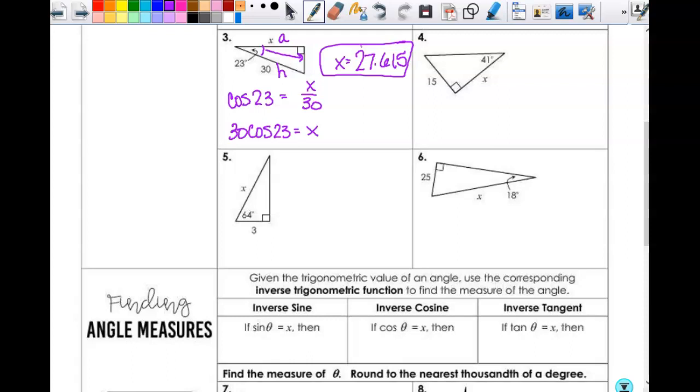All right, we all agree with that? What questions do we have? Anything? All right, do number 4, and then we'll move on to something else.